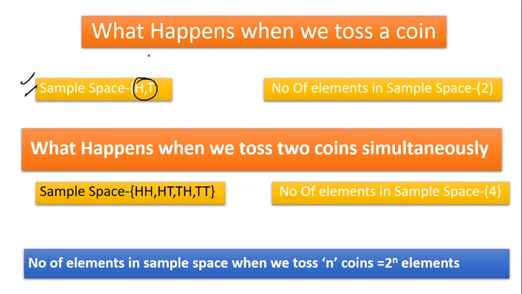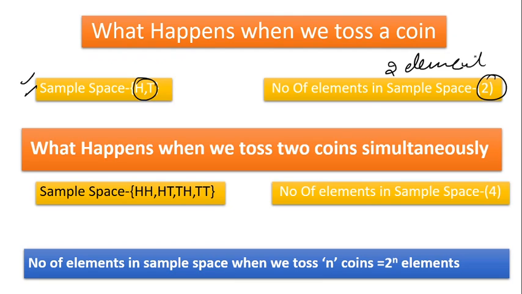All the elements included in a sample space are equally likely. Equally likely means they have the same probability, the same frequency to occur. When we toss a single coin, the total number of elements in the sample space is two.